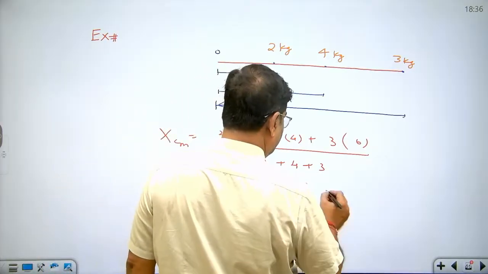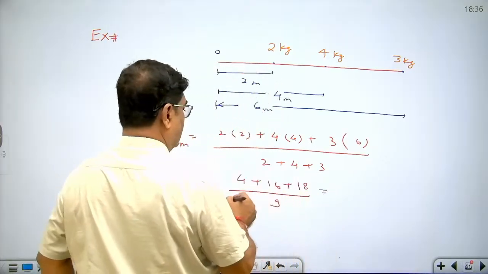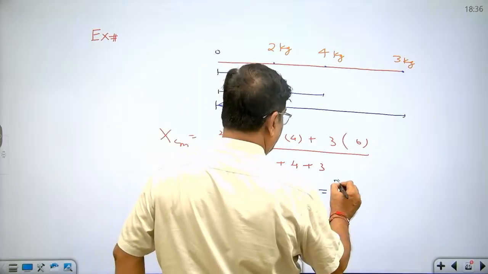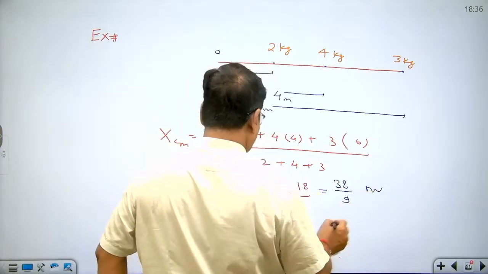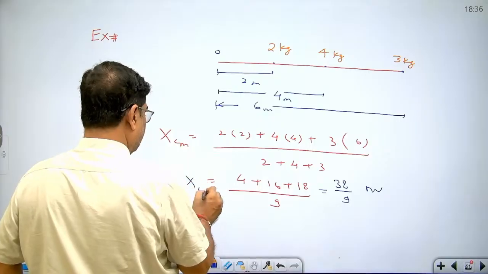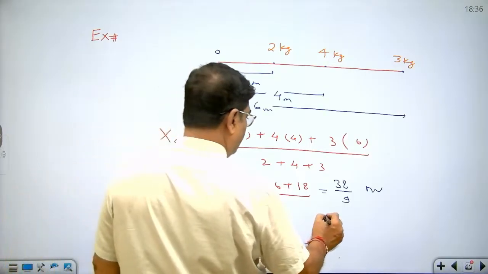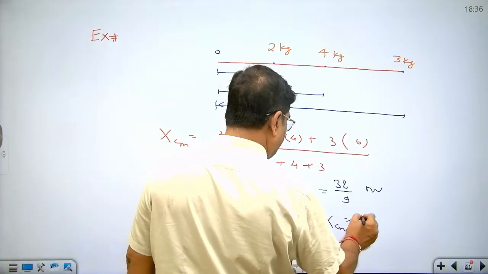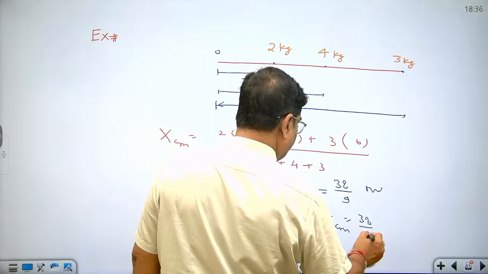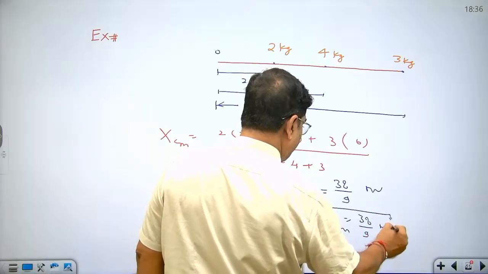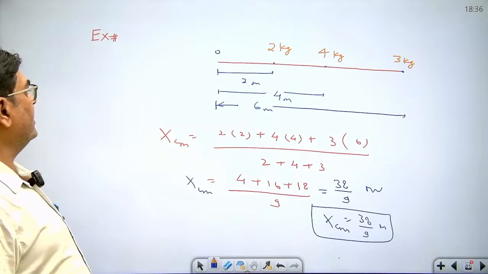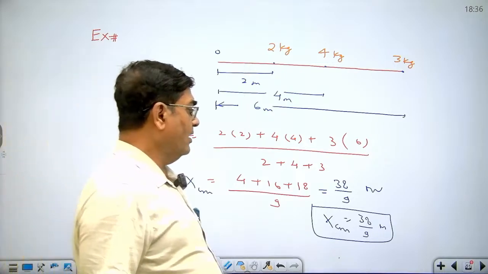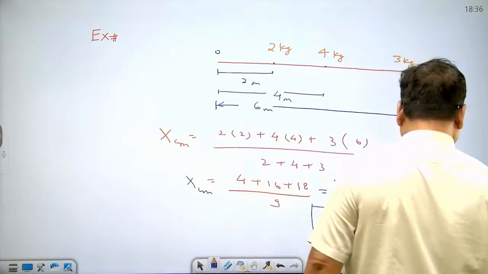So this will give us 16 plus 4, 20, this is 38 upon 9. So this is the answer. So dear student, XCM is what? 38 upon 9 meter. This is the answer for the position of center of mass. Okay. Let's see one more question.